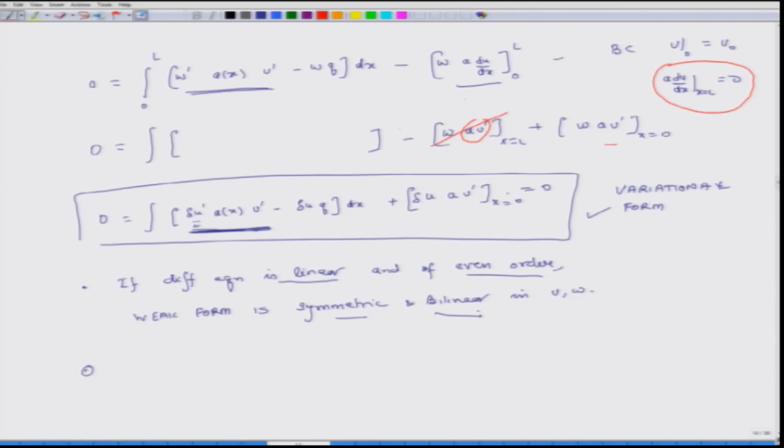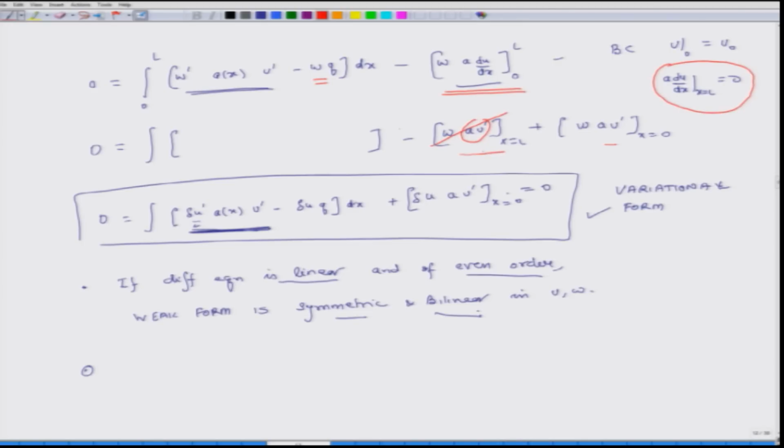Okay. So, in my definition of L, I have this W A du over dx and also W times Q. Now, at x is equal to L, I have specified that A du/dx is 0.